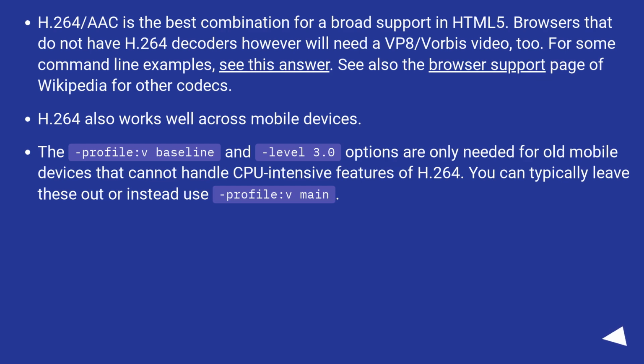H.264 also works well across mobile devices. The -profile:v baseline and -level 3.0 options are only needed for old mobile devices that cannot handle CPU-intensive features of H.264. You can typically leave these out or instead use -profile:v main.